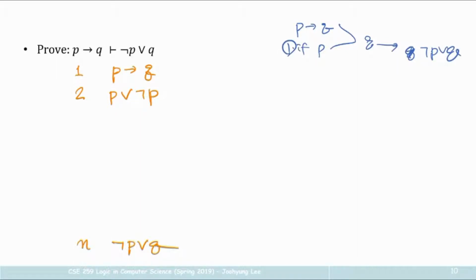If P is true, I can use P implies Q to derive Q, so from this I can derive not P or Q. Now the next one: what about not P is true? Immediately, you get this. Why? Because not P is one of the disjunctive terms. This is true, so not P or Q is also true.